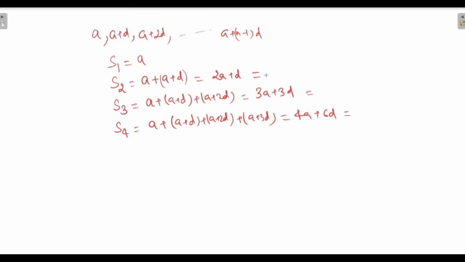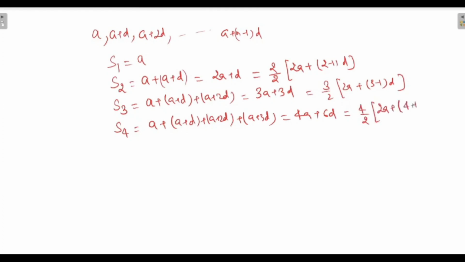Now I'm trying to put it in a format, and we'll see whether it is working or not. So I'll write it like this: 2 by 2 into 2A plus n minus 1, 2 minus 1, into d. Here I'll write 3 by 2, 2A plus 3 minus 1 into d. This one I'll write 4 by 2, 2A plus 4 minus 1 into d.